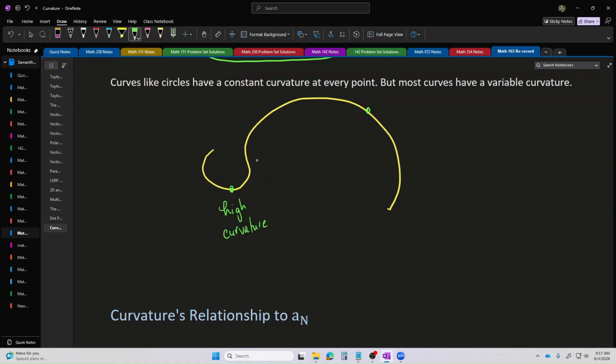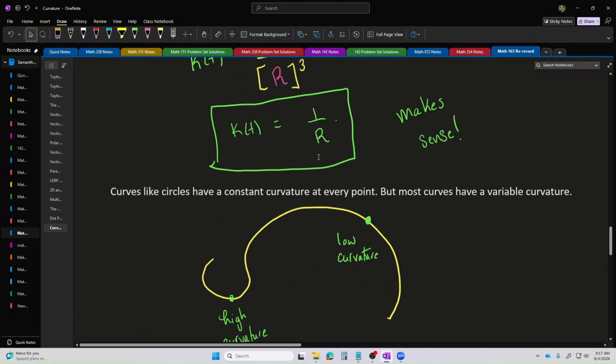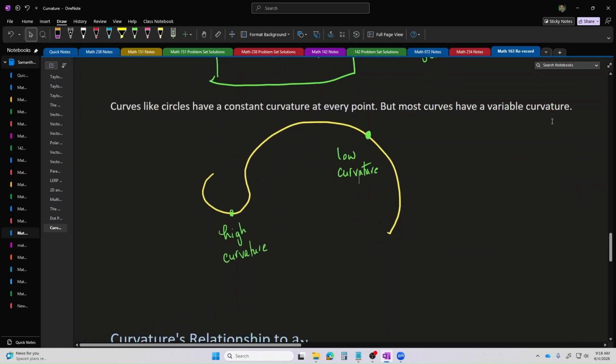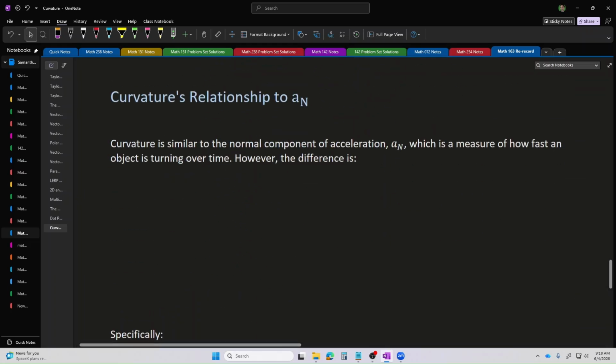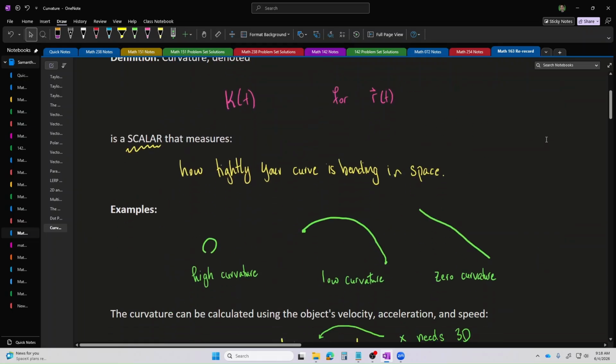Whereas over here, where the arc of the curve has begun to flatten out, this would be a location where k of t would return a relatively small value. So just a note, on many curves, the curvature function is not constant, and it actually varies depending on the value of t.